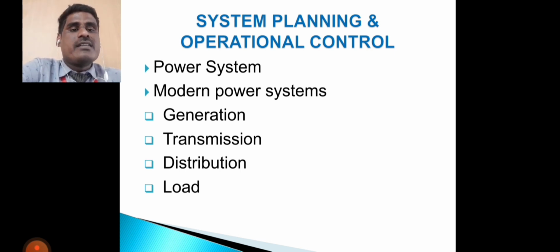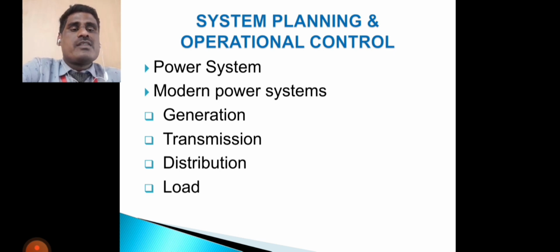Based on their requirement, the power can be distributed to the various regions. And the next one is load. Load is nothing but static load. That means static load is nothing but constant load, provided to the various consumers like domestic or industrial.